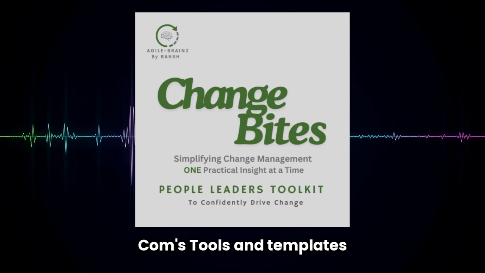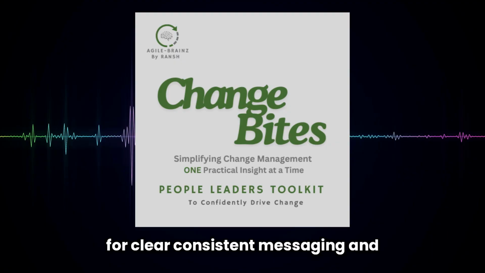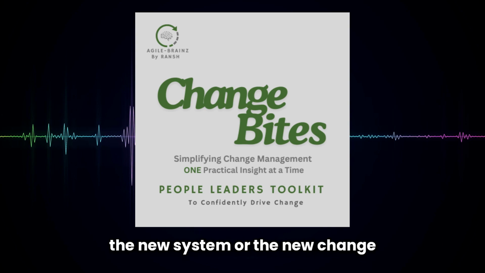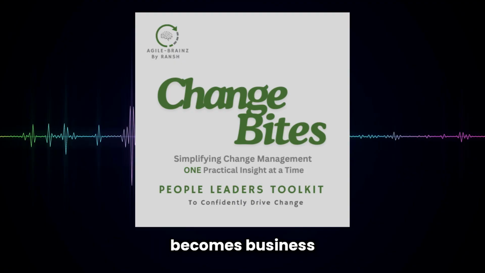Comms tools and templates for clear, consistent messaging and feedback loops. 4. Support during go live. Quick reference tools and go-to contacts to stay on track. And 5. Sustaining the change. So the new system or the new change becomes business as usual.